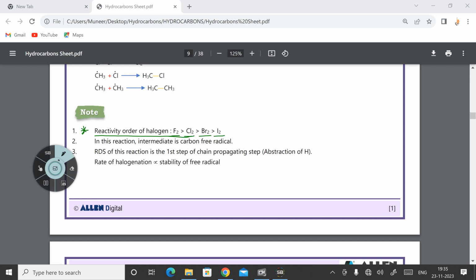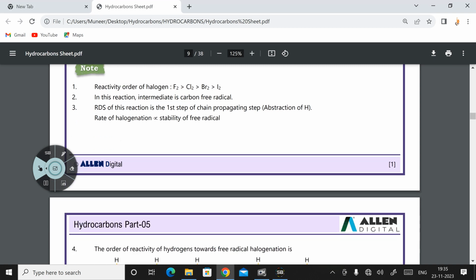This reaction is carried out through an intermediate: carbon free radicals, carbocation or carbanion? Carbon free radicals. So in this reaction, the intermediate is carbon free radical.